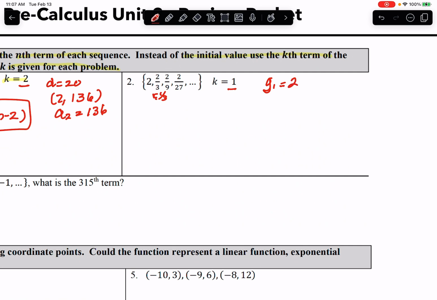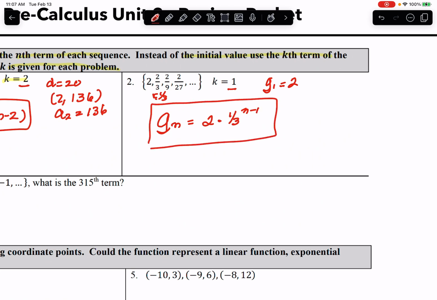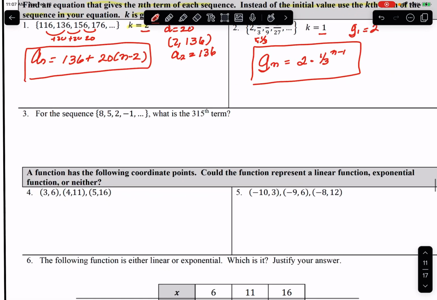So again, using the formula for a geometric sequence this time, we get g of n is equal to 2 times 1/3 to the n minus 1. Again, just knowing that formula. Make sure you have that memorized.